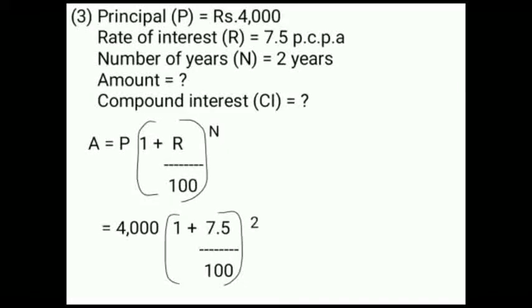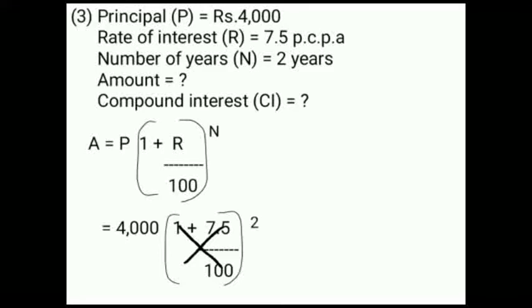Next step, you have to cross multiply in the bracket what is there. You don't have to do the cancellation of numerator 7.5 and denominator 100, because in the numerator you have the decimal point of the number 7.5. So you have to cross multiply this now. So first write the cross multiplication form.